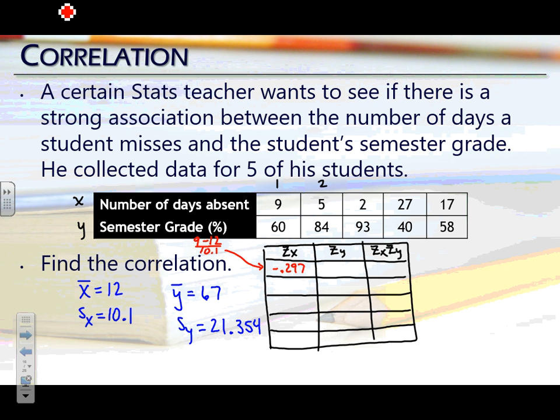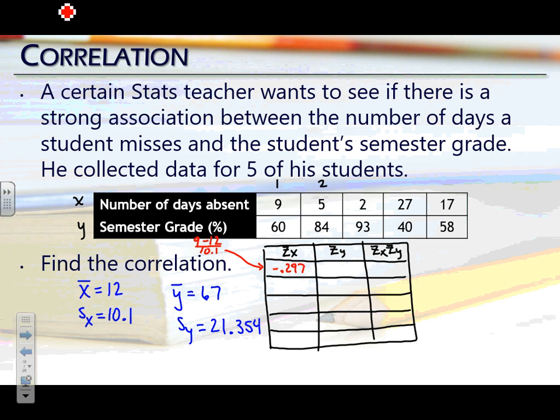Okay, so let's speed up the process here. We have 10 values. We just found one of them. So Grace, can you find the value for 5? Eli, the value for 2. You two are doing X. Sam, find the value for 27. Emma, you find the value for 17. Now Z-score. KJ, I'm going to have you find the Z-score for 60. Ben for 84.